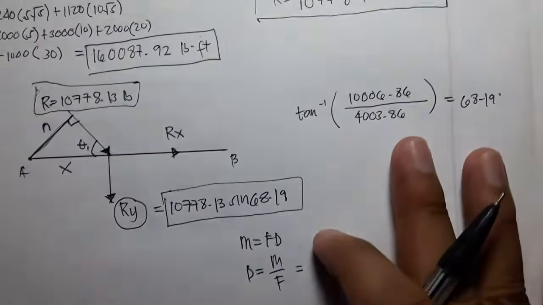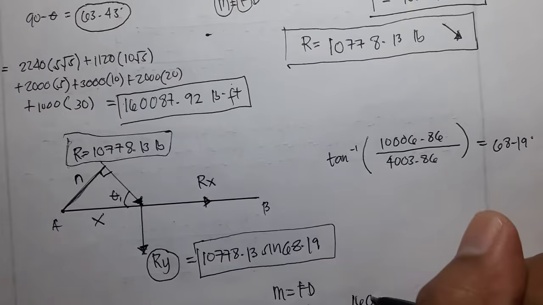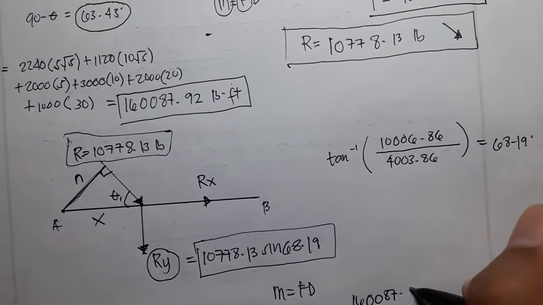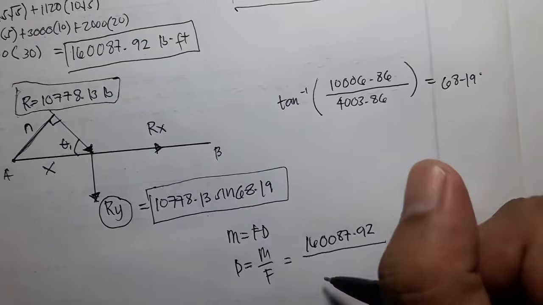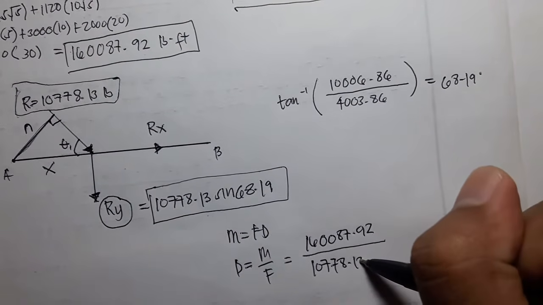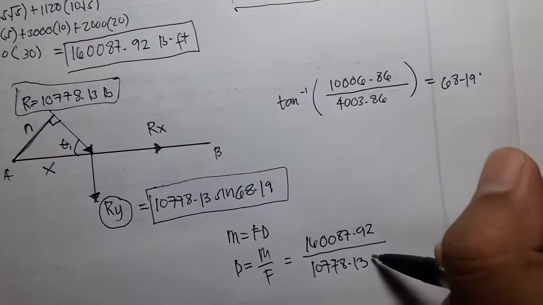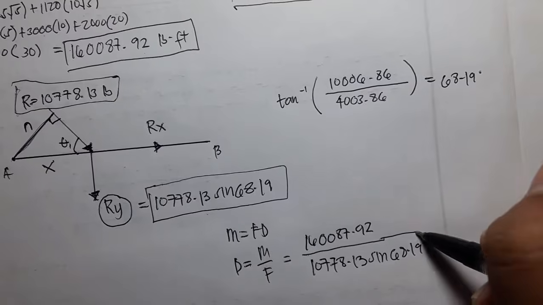Our moment is 16,087.92 over our force of 10,778.13 sine of 68.19.